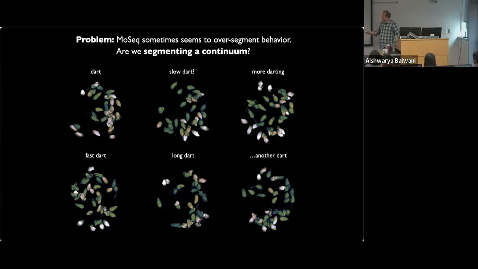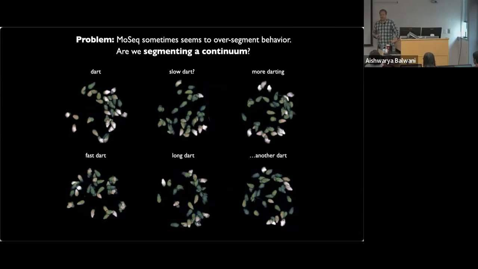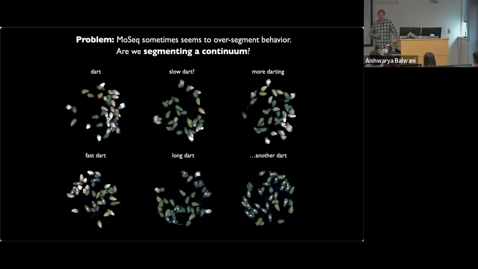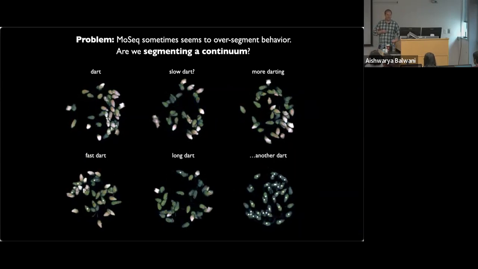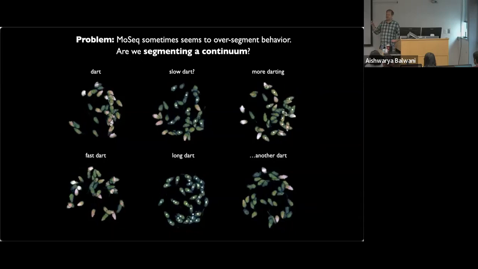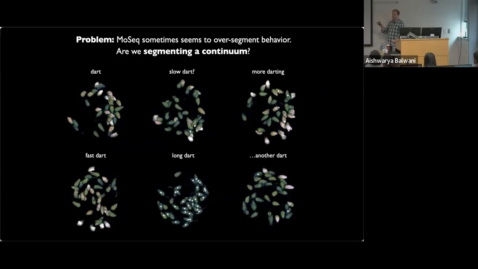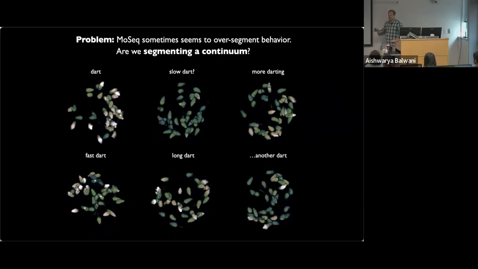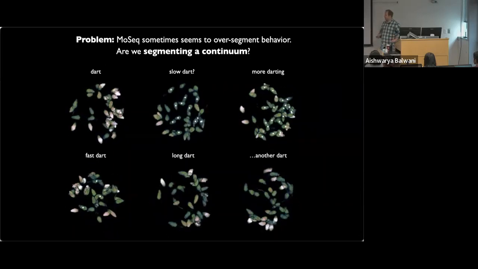And one reason to maybe think that's happening is if we look at a handful of just 6 syllables here, it's really hard for me, even after many years of watching videos like this, to tell you what's different about these 6 syllables. The model says these are definitely different. If you give me fewer syllables, I'm going to pay for it in terms of lower log likelihood of the data or held out data.